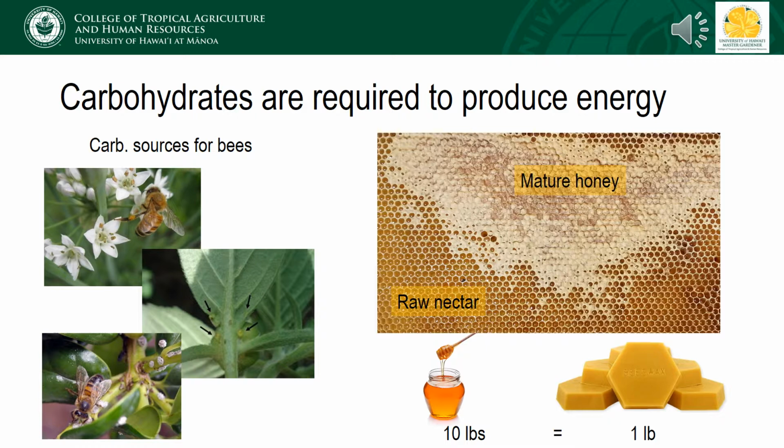Carbohydrates in the form of glucose acquired from nectar, extrafloral nectaries, or honeydew is a metabolic requirement for energy production in honeybees and all other animals. Extrafloral nectaries are just what the name implies.